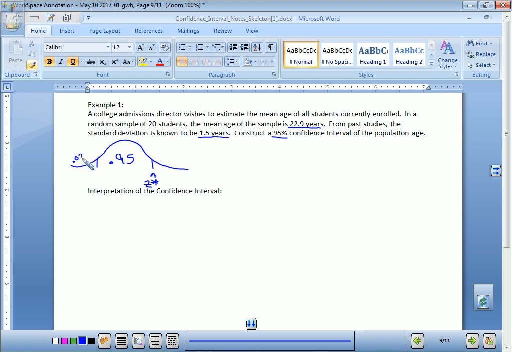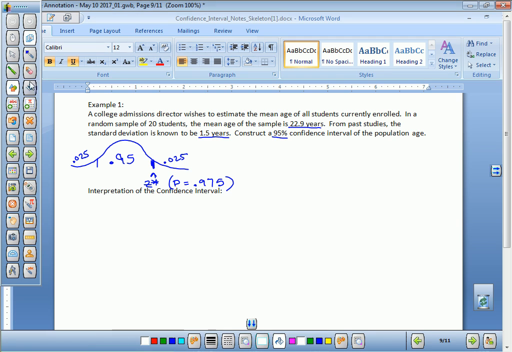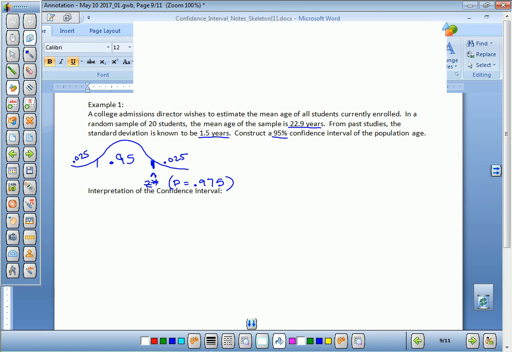So this would be 0.025, right? 0.025 to make up the 1, the total area of 1 under the curve. So what is this area we're looking for here? It would represent a probability of 0.975.